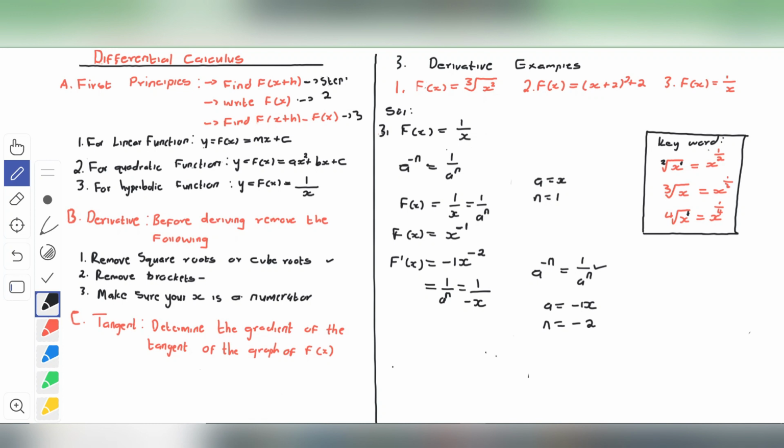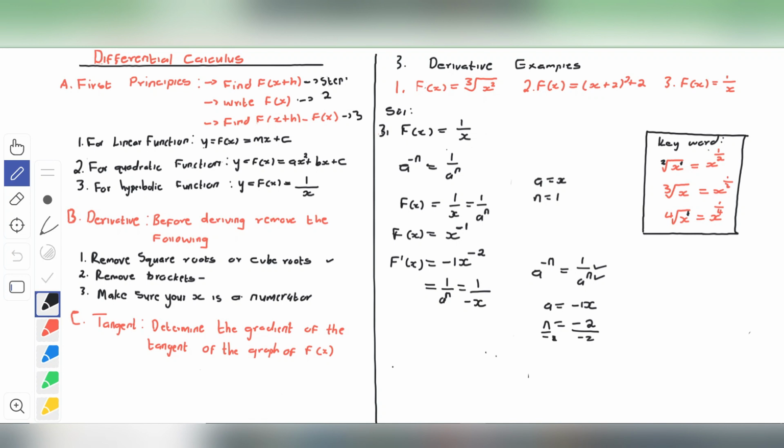We found that our n is negative 2. But from this formula, we don't have a negative here. So meaning we are going to just only write 2. So in simpler terms, we can just do this. Negative 2 divided by negative 2.